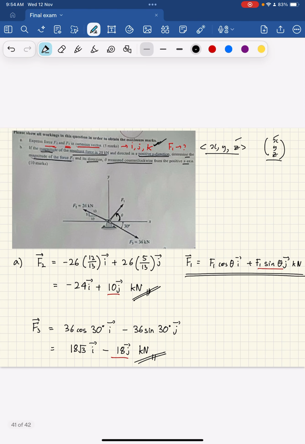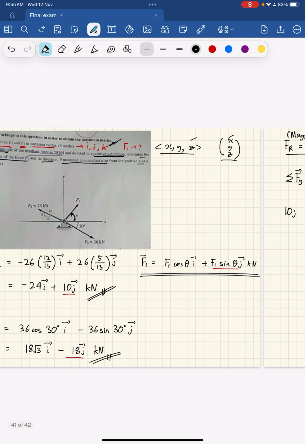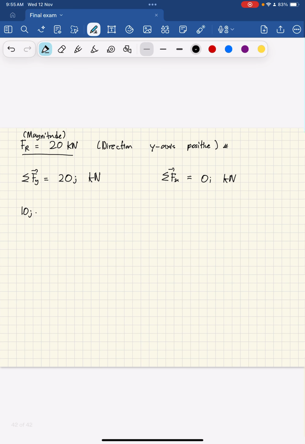So we have 10j plus F1 sine theta j minus 18j. Make sure you put the arrows here, by the way. I forgot to put the notations, because we're dealing with vectors.